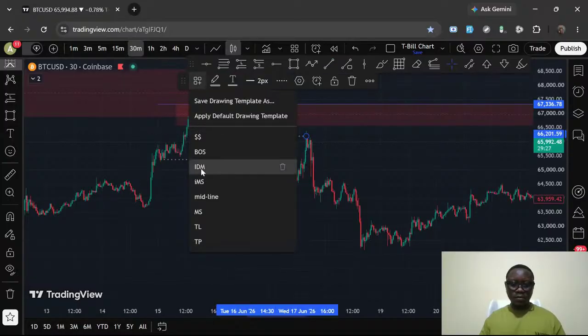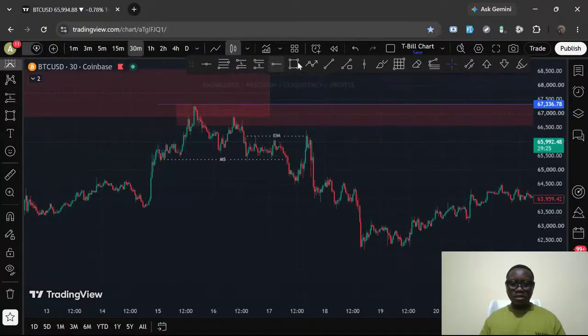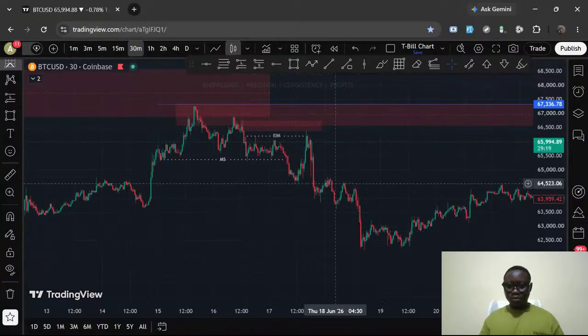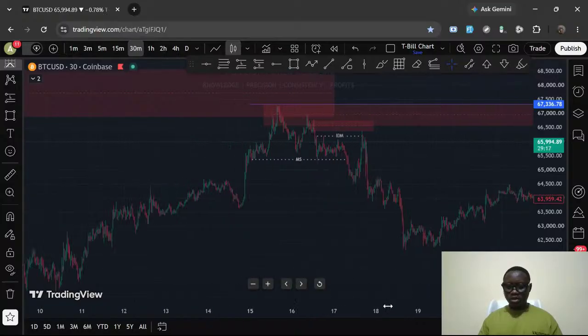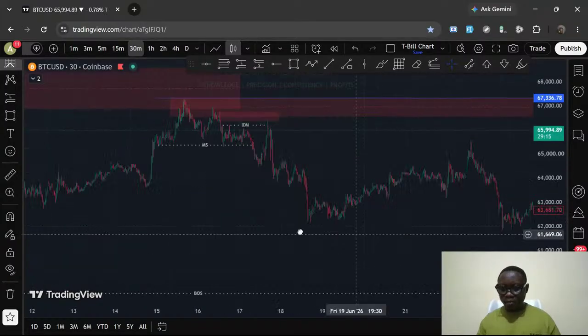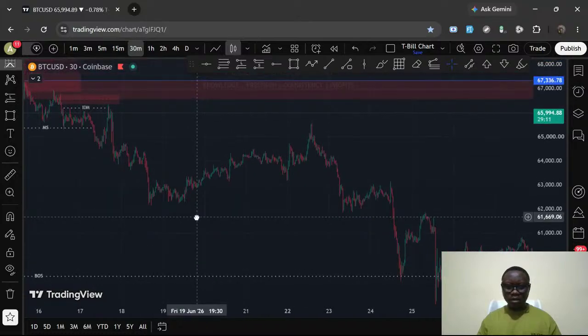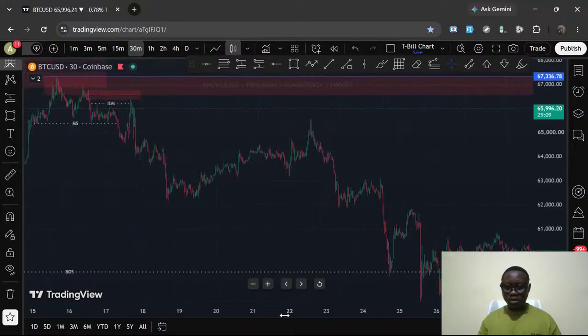IDL, and price tapped into this order block right here and gave this massive sell to the downside. And also we had that reversal.